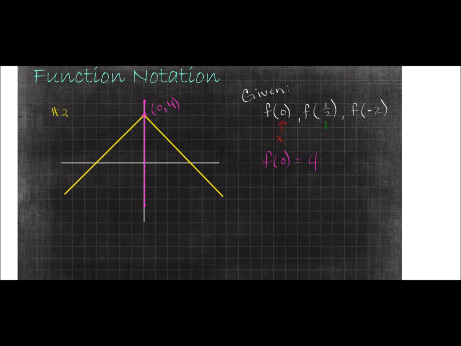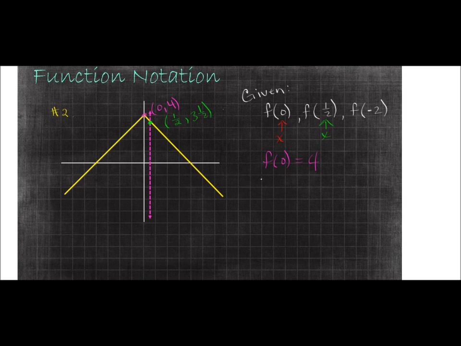Let's try another one. Now this time x is going to be 1/2. So if I take my function and I take a look at where x is 1/2, you'll notice that it hits this yellow function in one spot, which is right here. Now that's going to have to be estimated a little because I don't really know what point this is, but that would be estimated to be about a 3.5.